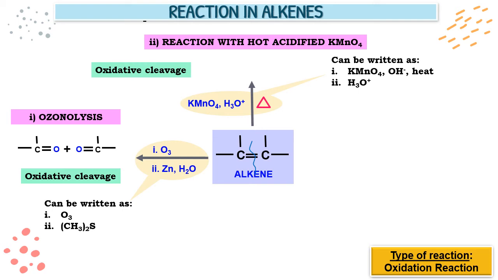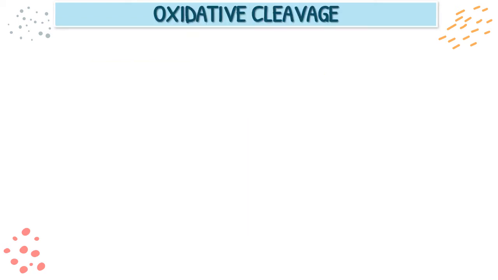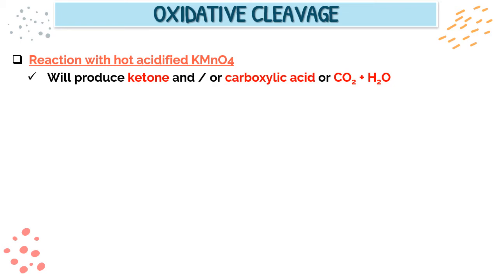Now, let's take a look at the product of oxidative cleavage with hot acidified KMnO4. The reaction with hot acidified potassium permanganate will produce ketone and or carboxylic acid or carbon dioxide and water. Let's look at the example over here.